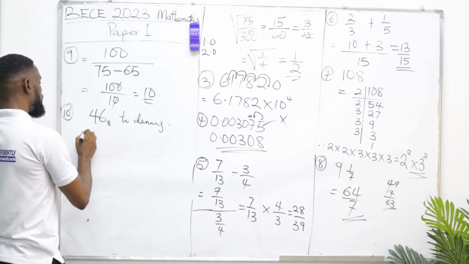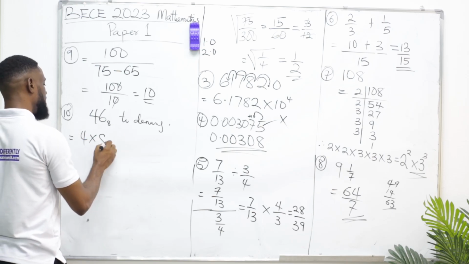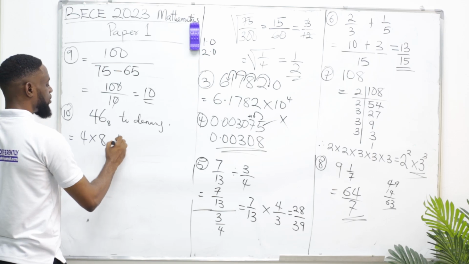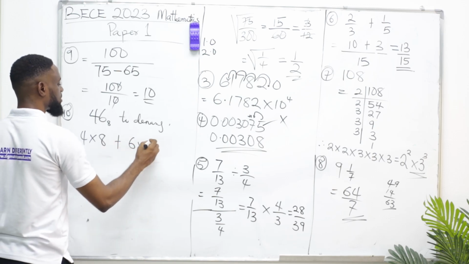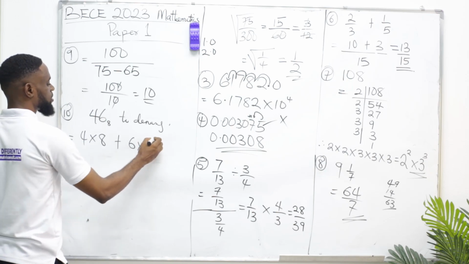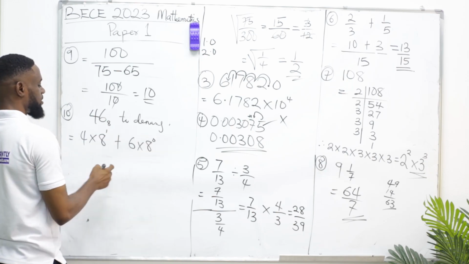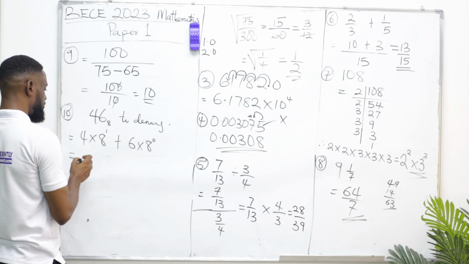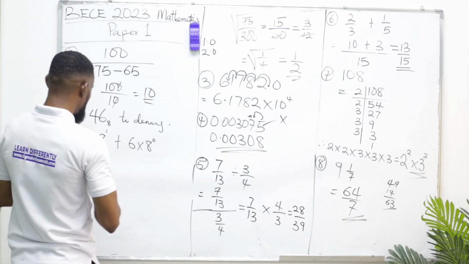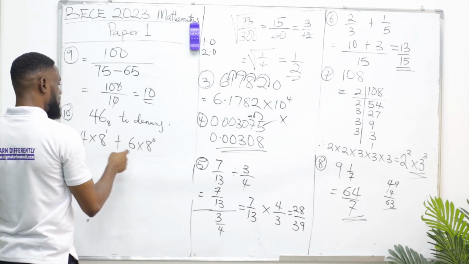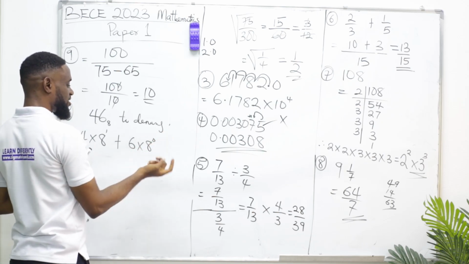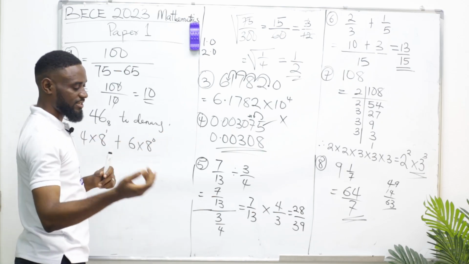So this will mean 4 times 8 to the power 1, plus 6 times 8 to the power 0. Anything raised to power 0 we know is 1. We said that when we did indices, okay?